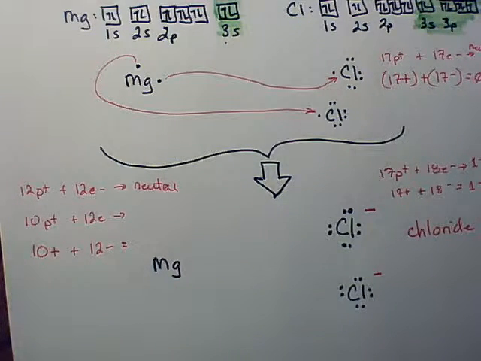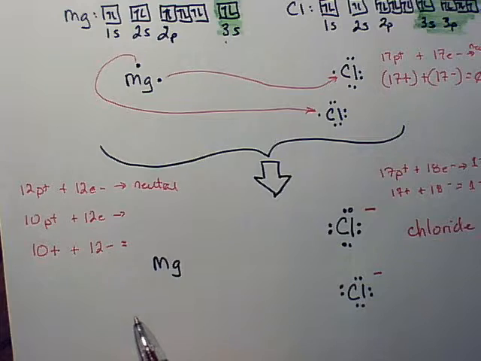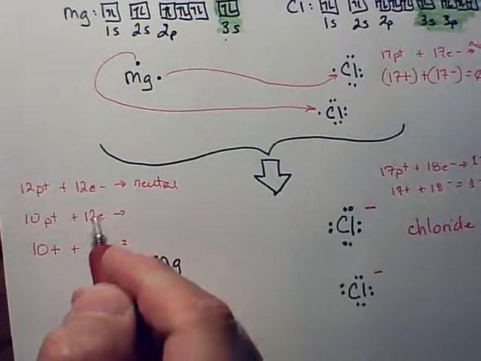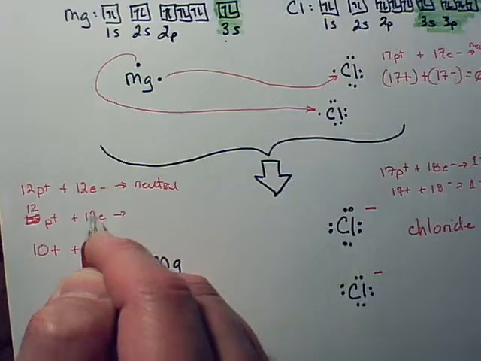All right. So when we add those together, 10 positive. Wait a minute. Is that right? I took away 2 electrons. I've added the wrong thing. This is 12 protons and 10 electrons.